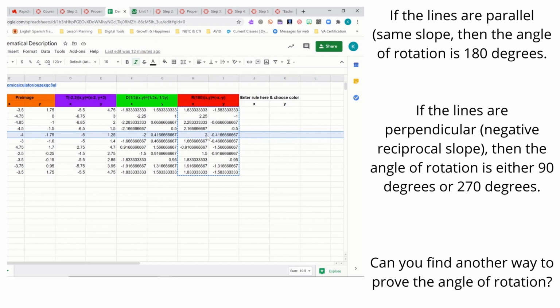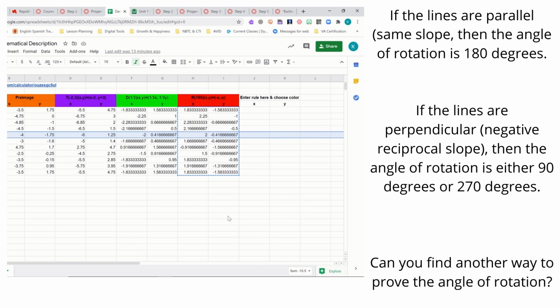So my image point is going to be 2, -0.41667, and my pre-image point is going to be -2, 0.41667. Like I did in the previous video, I'm going to take a picture of these points so I do not have to keep flipping back to make sure that I wrote it down and to do the math.